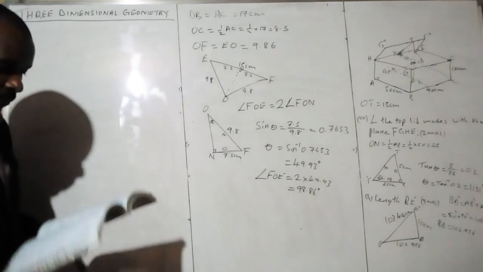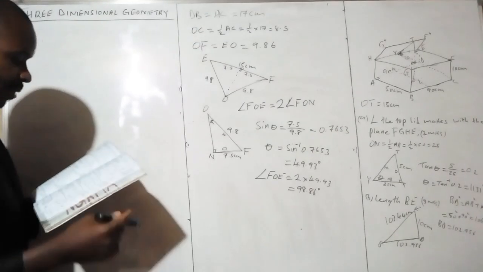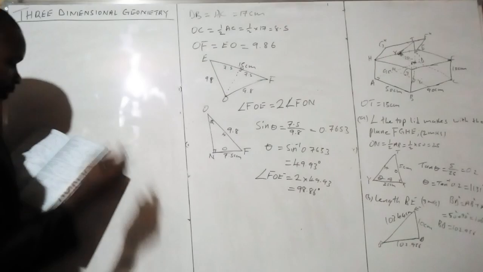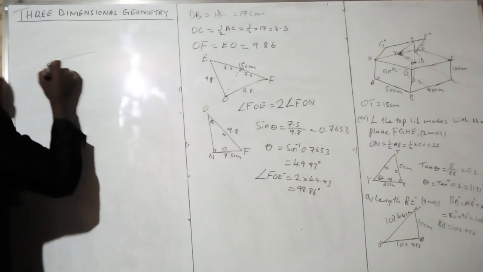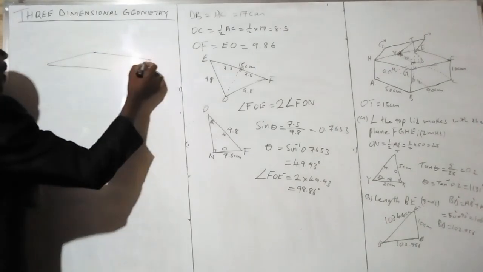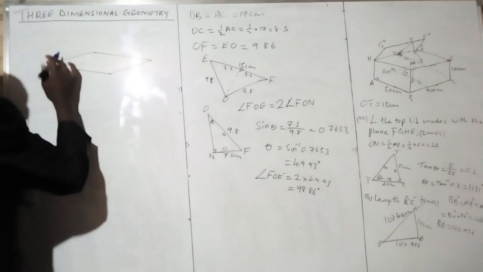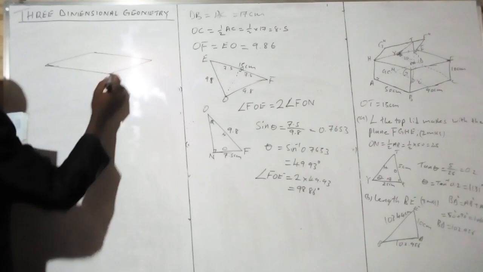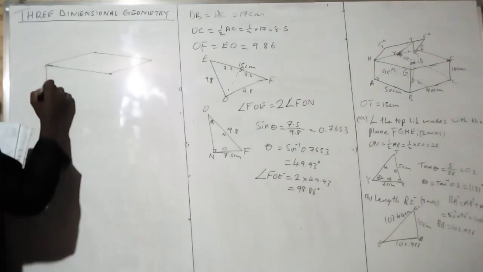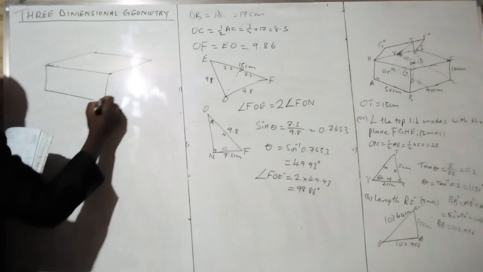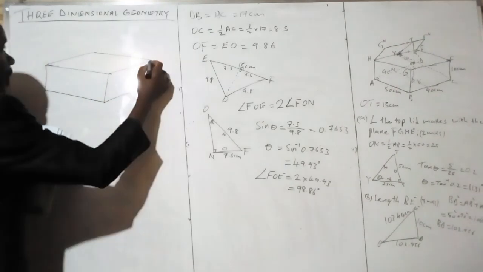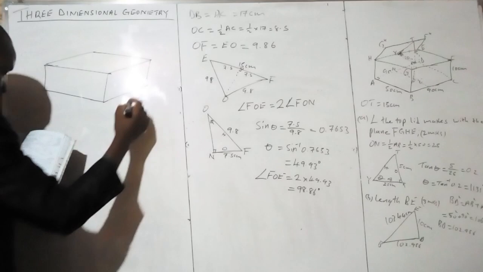The figure below, first of all, let's draw this cuboid. We are given a cuboid. That's a cuboid. Then drop a line.